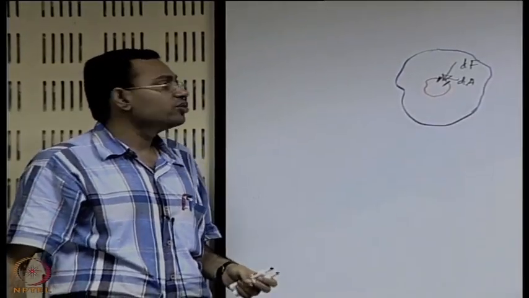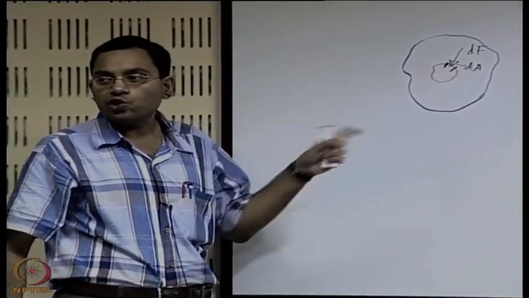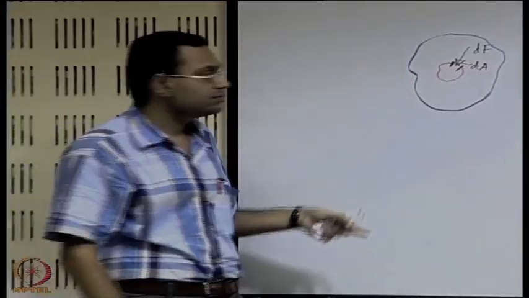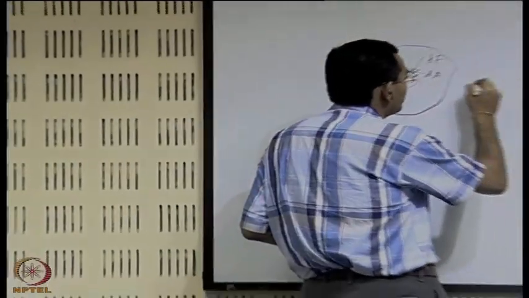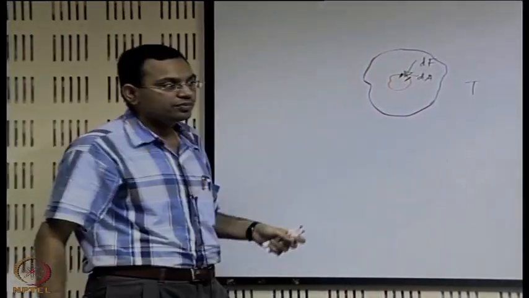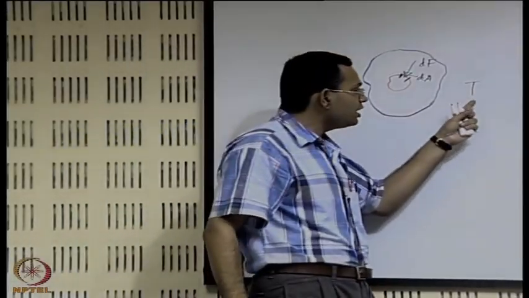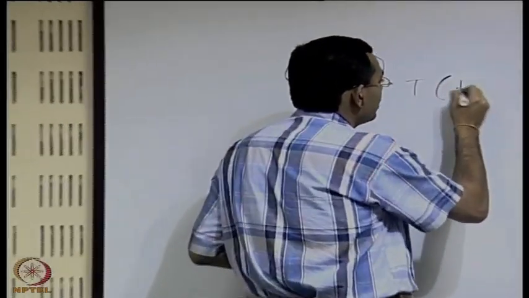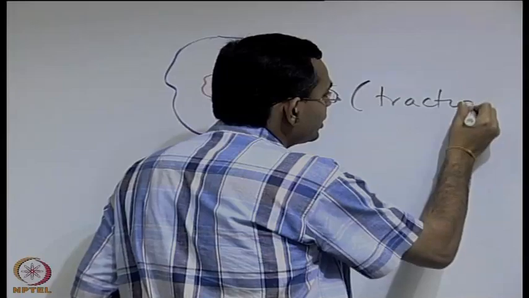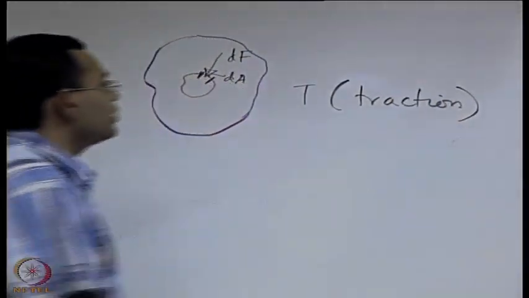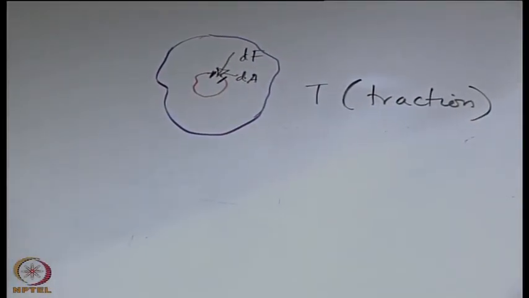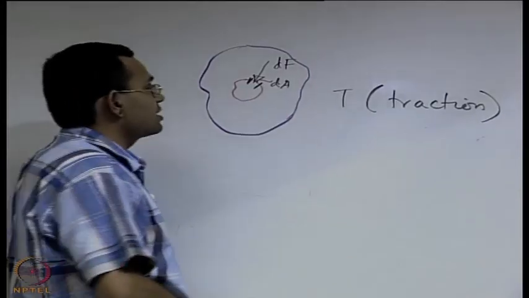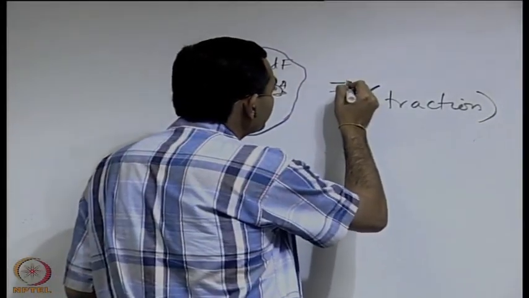So, if we want to define some force per unit area, we are just giving it a name, we are calling it T, or traction. We will call it a vector because it has the nature of a force.